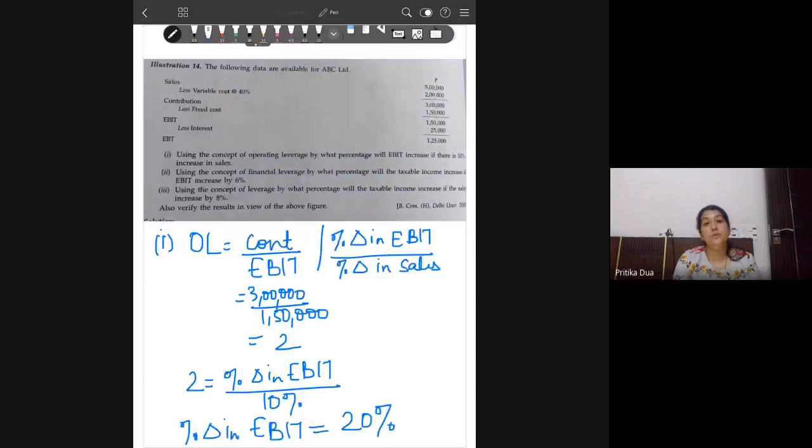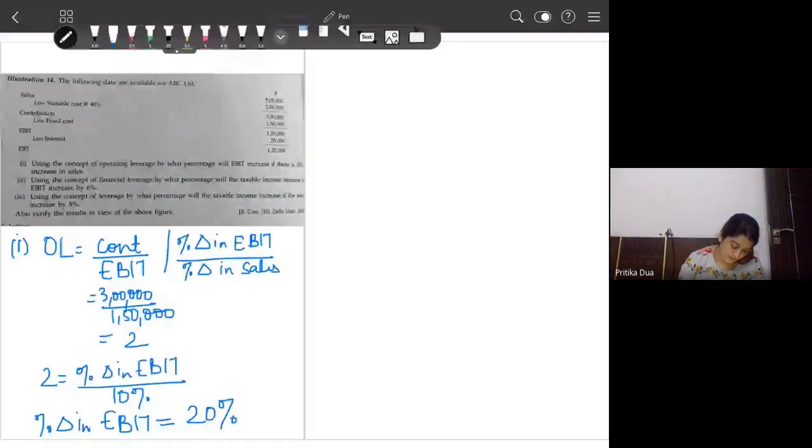Now you need to verify these results, which means we'll have to prepare a fresh income statement with this increase in the sales volume. Okay, so here I am preparing that statement.